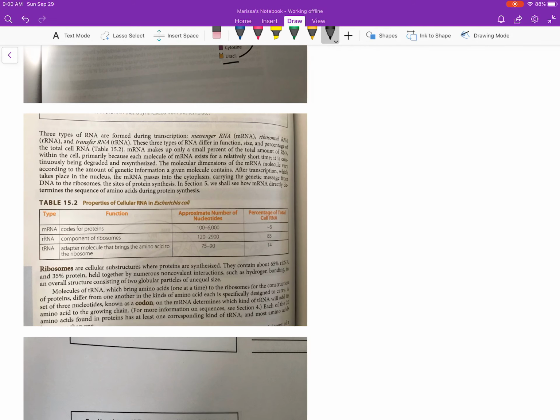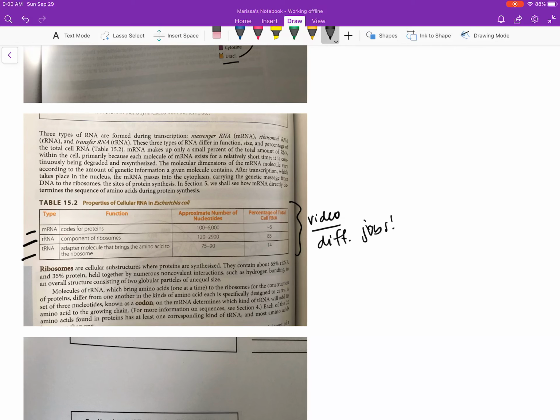In this, there are three types of RNA: mRNA, rRNA, and tRNA. The reason I want you to see these is because in the video, these three RNA types are going to have different jobs in this whole process.